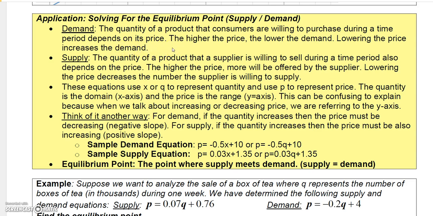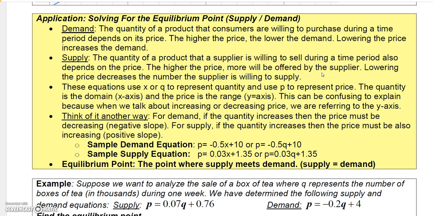So if you think about when the latest new iPhone comes out, it might be $500, and so in the beginning maybe only the people that have lots of money are going to buy it. But after the price drops to say $200, then the demand would increase. Now the supply, the quantity of a product that a supplier is willing to sell during a time period, also depends on the price. The higher the price, the more will be offered by the supplier.